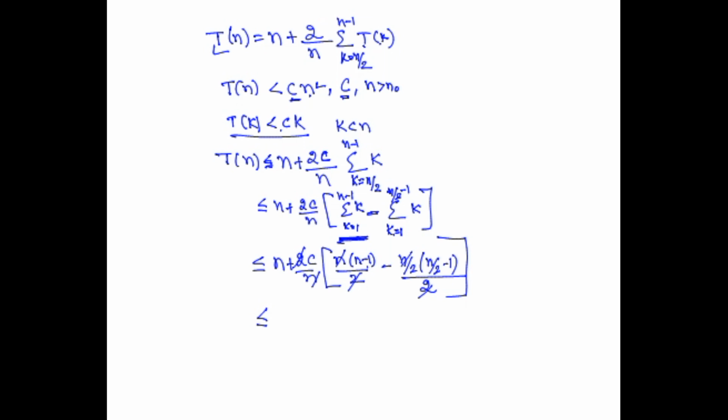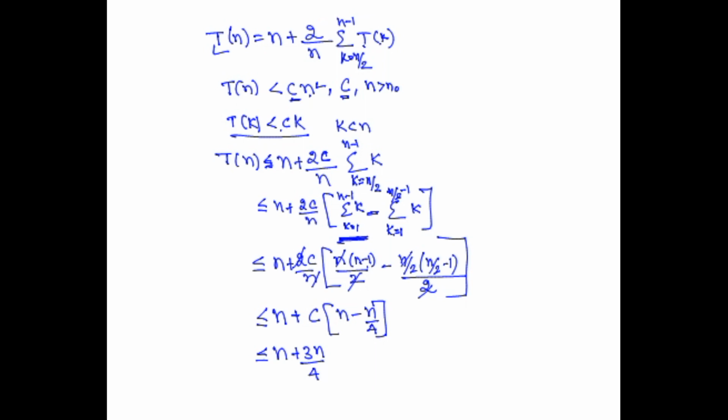So the equation is n plus c times n minus n by 4. So this entire expression turns out to be, n minus n by 4 will be 3n by 4.